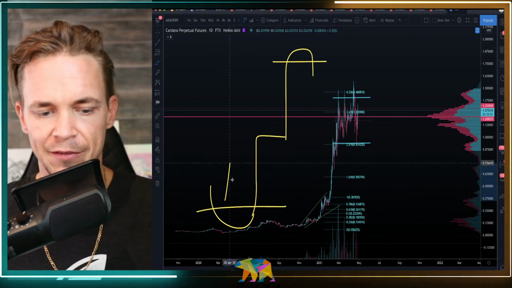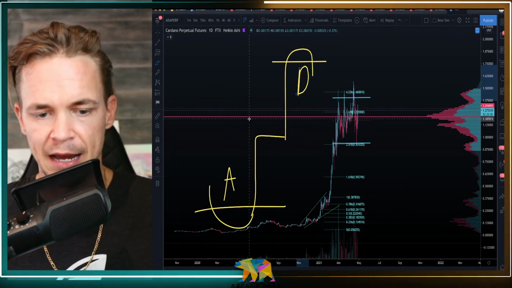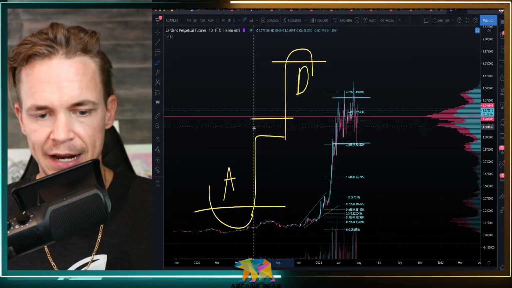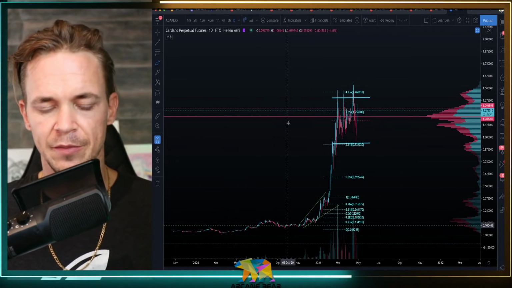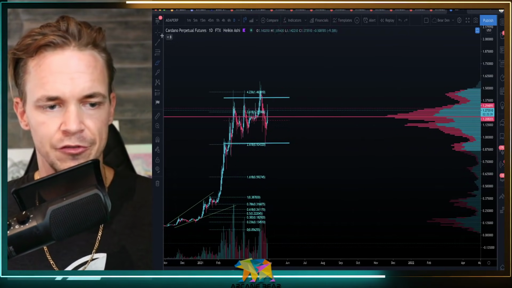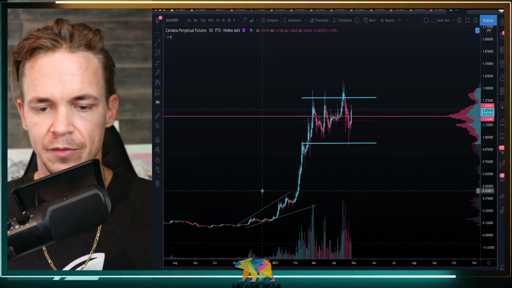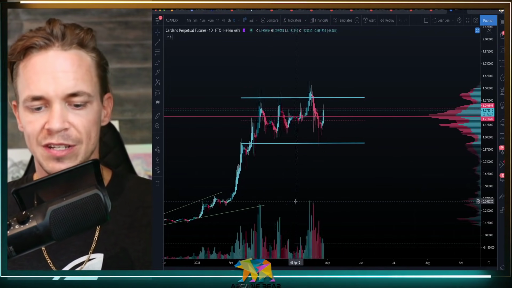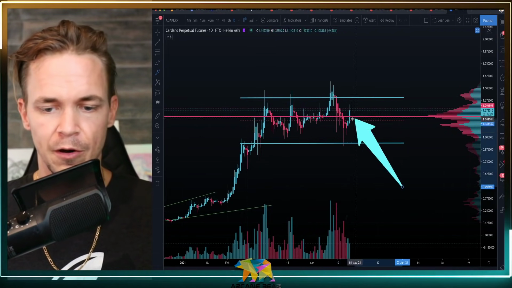So again, we have accumulation on the bottom and distribution at the top, and in the middle there's this giant reaccumulation range, which is what we're talking about now. The reason why reaccumulation is a difficult and tricky conversation is because of its apparent relationship with distribution, and they look so similar and are very difficult to tell apart, because we're in the middle of the bull market, right?